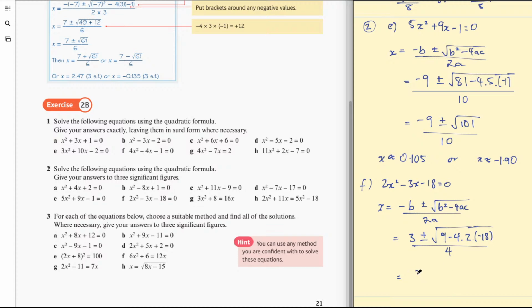Okay, then simplifying this, you don't really have to simplify, but it just makes it easier to put into the calculator, I guess. So 4 times 2 is 8, times 18, 144, 9 take 144 is 1, so -135 on 4.